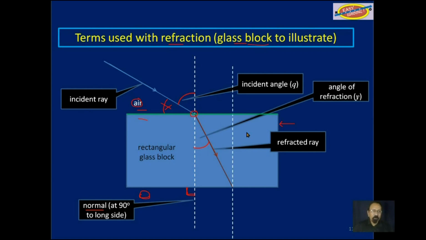Now when that light ray reaches this boundary over here, let's show it in yellow, the opposite of what happened up here will happen down here. So now this ray that was the refracted ray up here is now the incident ray when we consider this boundary here, this yellow boundary.